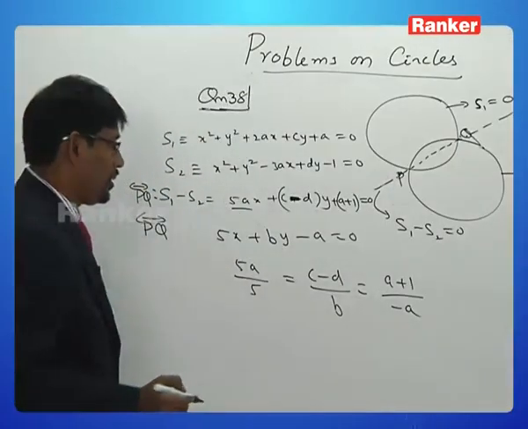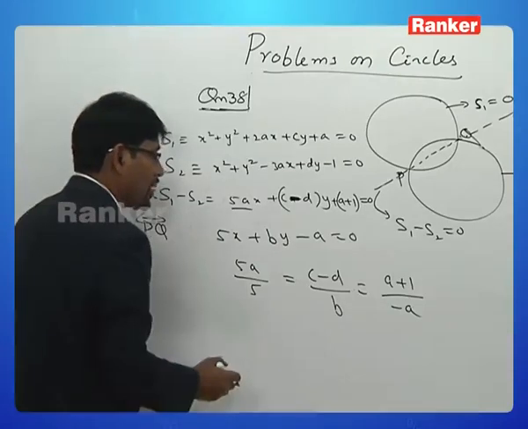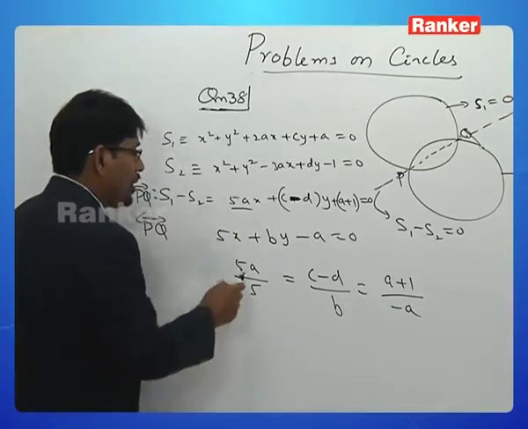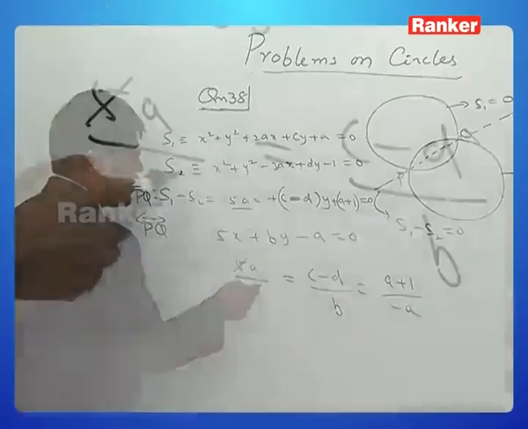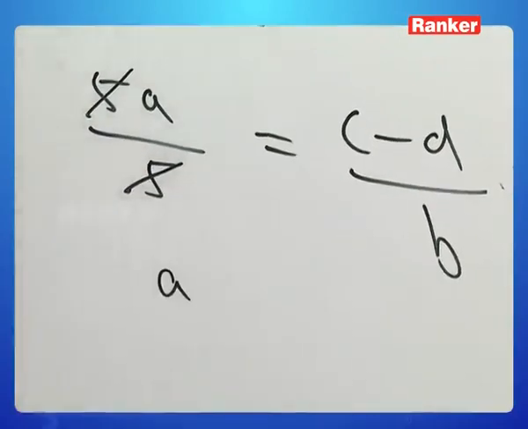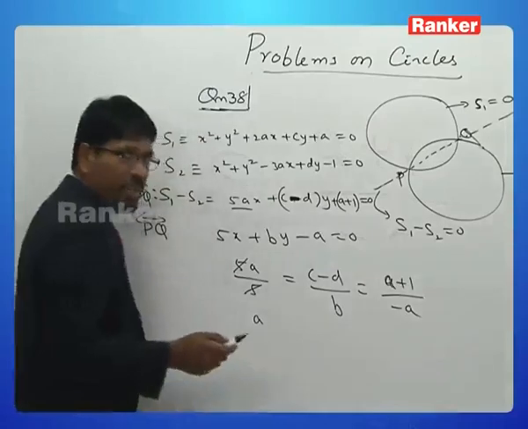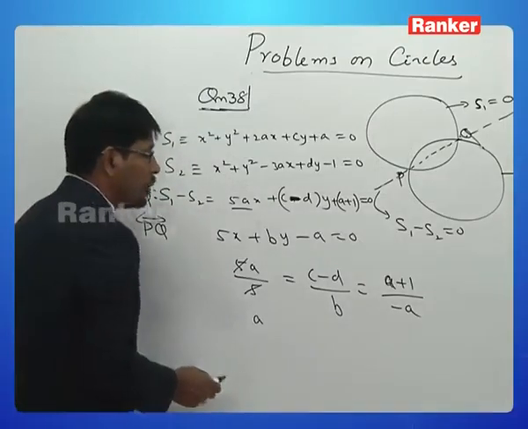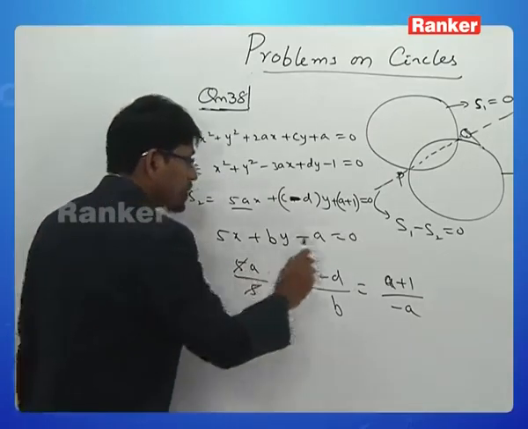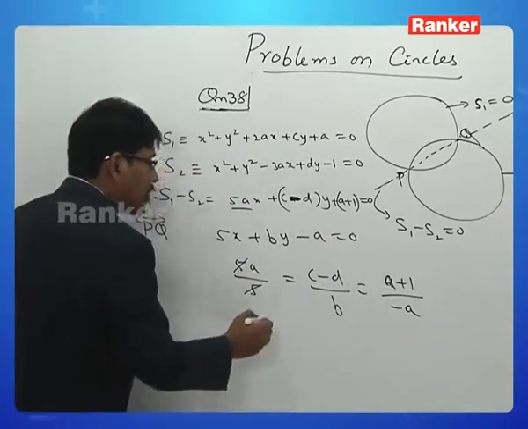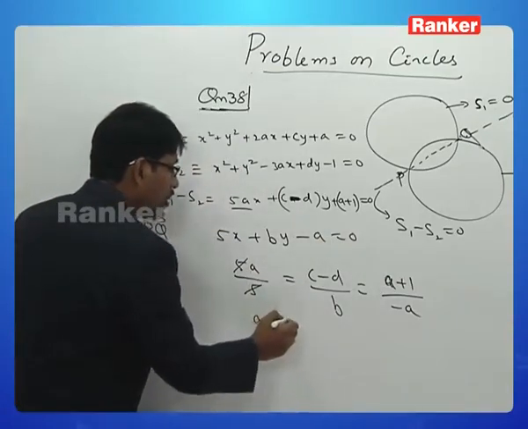So that makes it, what does it make it here? A therefore should be equal to, now we are interested in for what values of a this can happen. So let's equate the first expression and the last expression. A should be equal to a plus 1 by minus a.